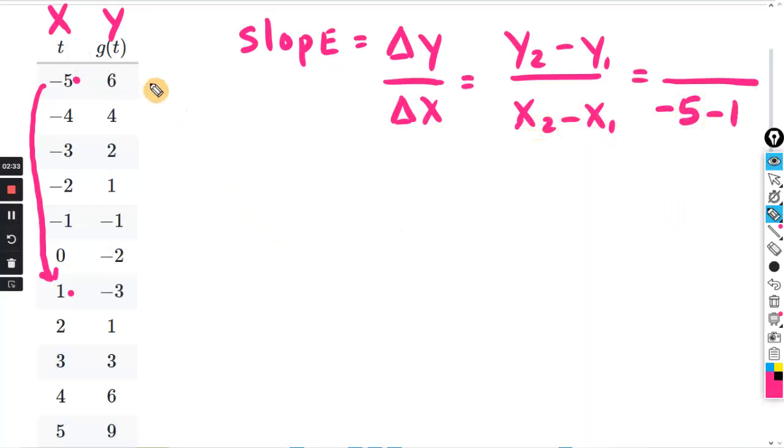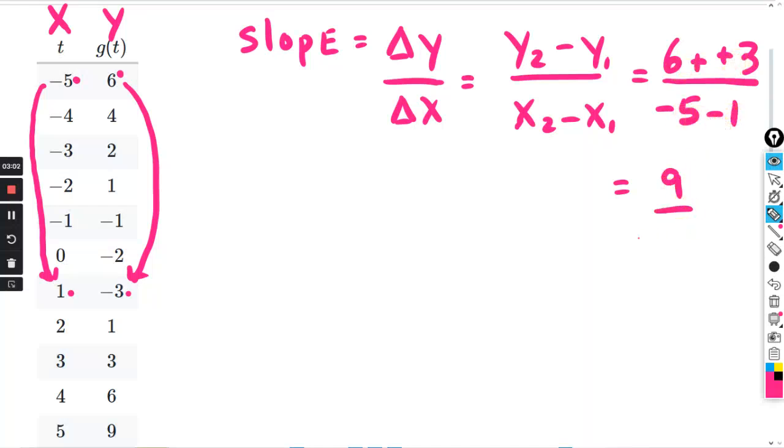Now we get the respective y values for the change in y: 6 minus -3. Watch your signs. Two negatives in a row make it positive. 6 plus 3 is 9, and -5 minus 1 is -6. They asked us where it was 0. This one is clearly not 0. Let's move on to the next one.